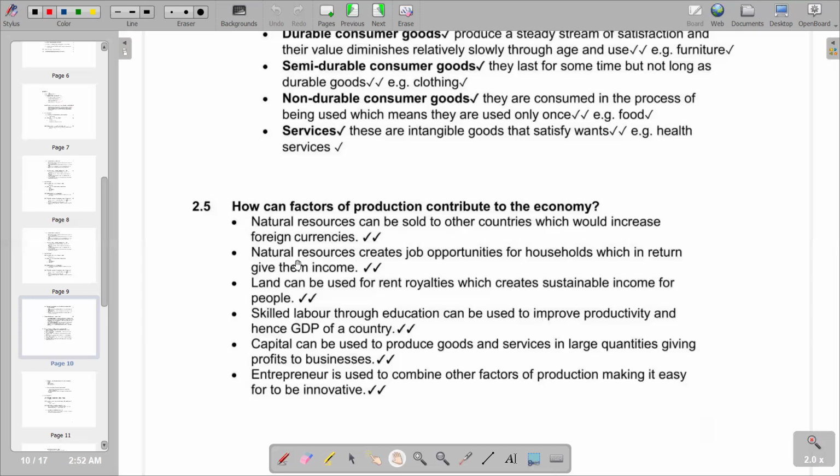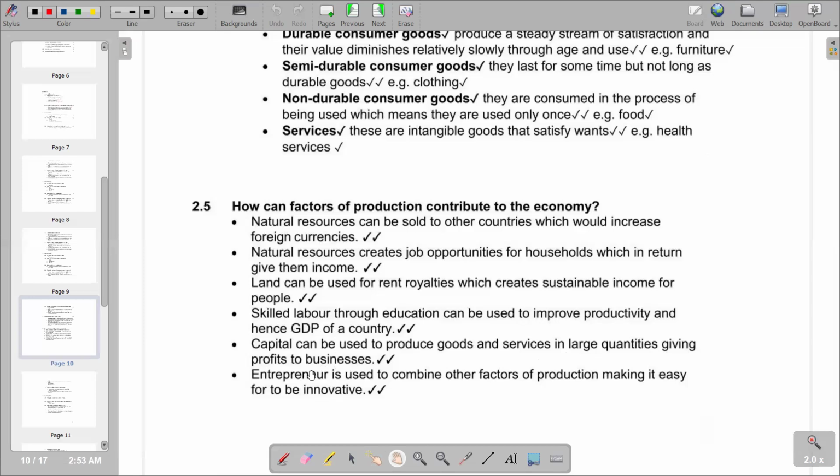Also, the second point, natural resources create job opportunities for households, which in turn gives them income. The next, land can be used for rent and royalties, which creates sustainable income for people. In this case, we are talking about the buildings, and also other land. And then we go to skilled labor, which through education can be used to improve productivity and hence the GDP of a country. So this is labor. Then our next, capital can be used to produce goods and services in large quantities, giving profits to businesses.